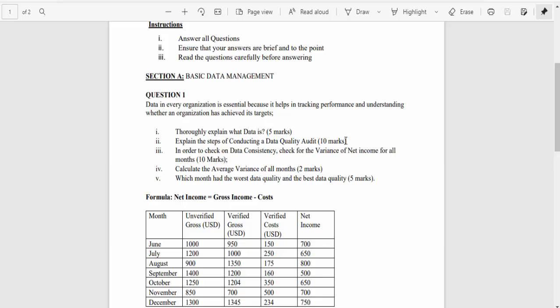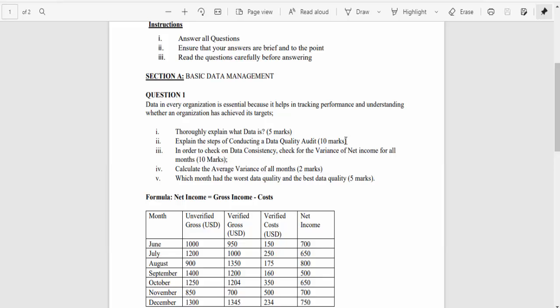The standards for good quality data, there are 5 dimensions usually. You can search on them on the internet, but I'll give you one or two. Precision, validity, those are some of the attributes of good quality data. Timeliness is also one of the attributes of good quality data.